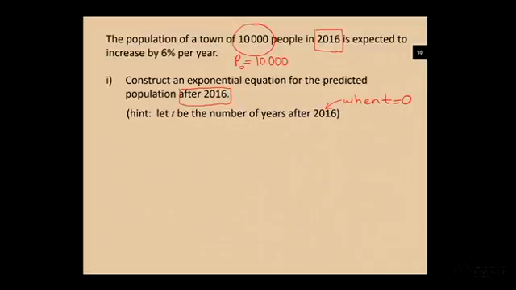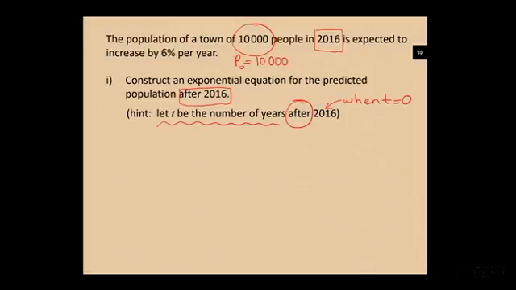So when I go to say 2017, I don't enter 2017. It's not 2017 years that I want to put into the formula, because it says here let t be the number of years after 2016. So these questions can trip people out as well.